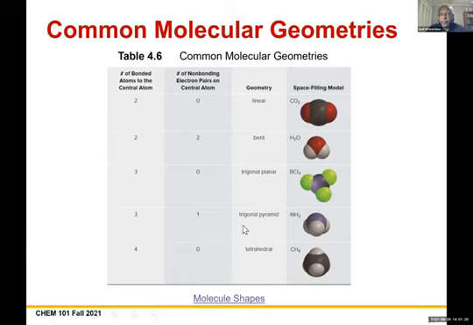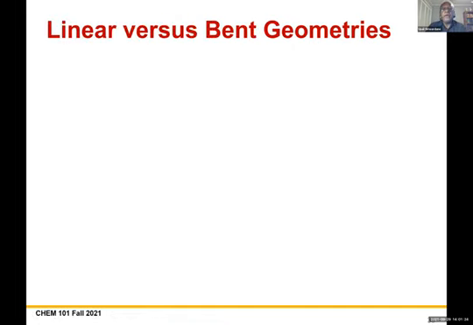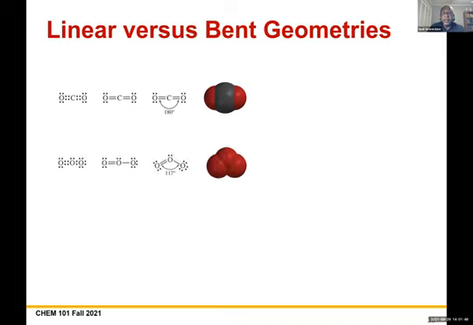Therefore, the methane molecule has 109. So we're going to look into different geometries. Carbon dioxide has linear geometry; two double bonds, similar to single bonds, are distributed in carbon dioxide in a linear way.